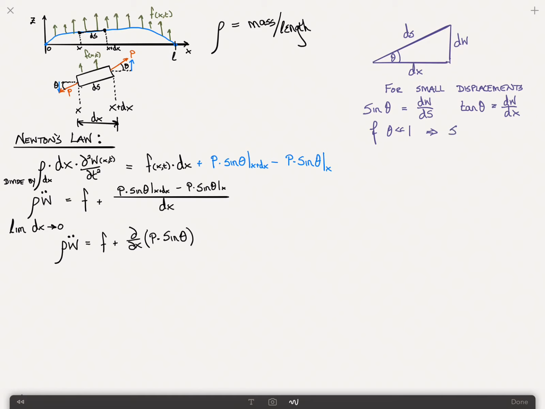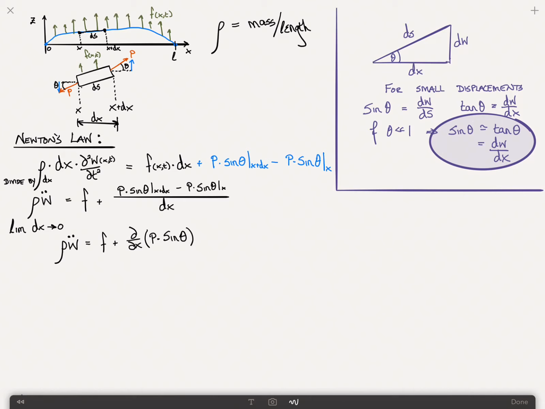So sine theta is approximately equal to tangent of theta, which is equal to dw/dx. What have I said? I've said that for small displacements, sine theta can be approximated as dw/dx. And we're going to plug that result into our derivation.